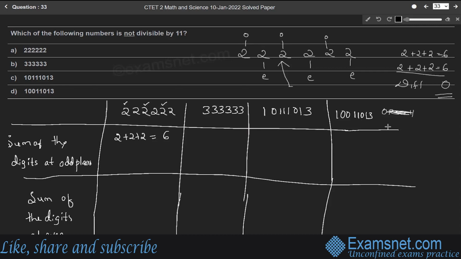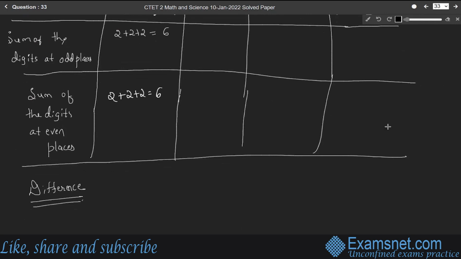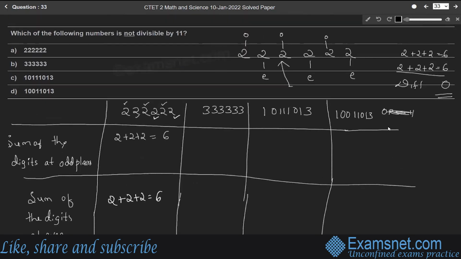So, even places 2 plus 2 plus 2, which is also 6. So, therefore, the difference is 0. 6 minus 6, which is 0. Therefore, the number is divisible by 11.